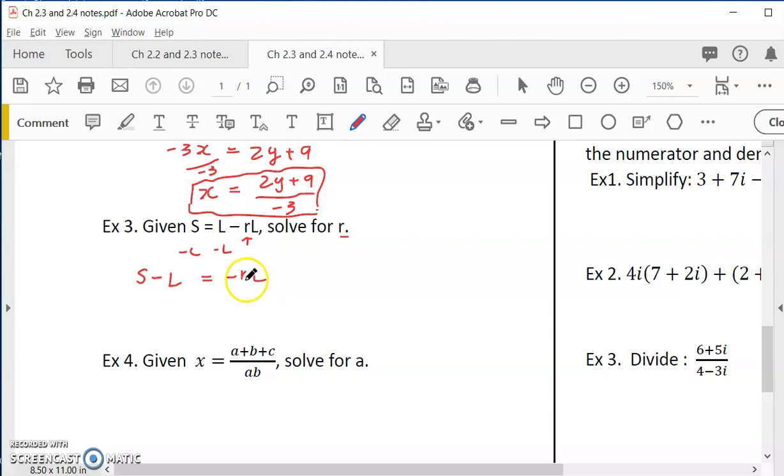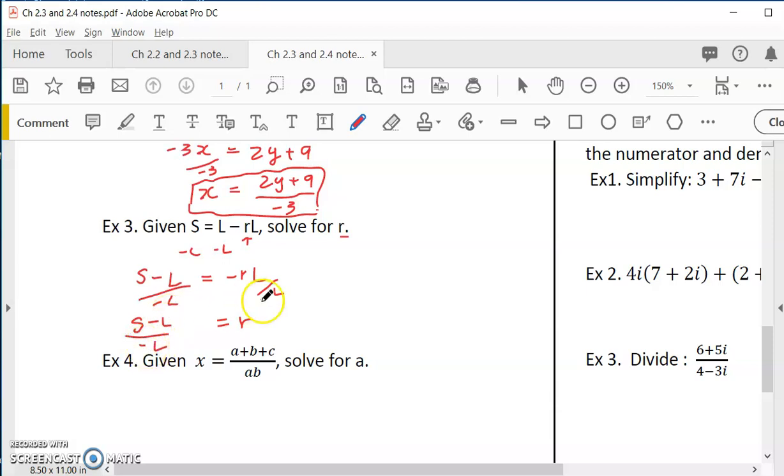So this is one term with two variables, but I want to solve for R, so I just need to divide by L. Well, actually I should divide by negative L, right? Because this is a negative RL, so if I divide by negative L, I would have R equal. And this side will be S minus L over negative L.